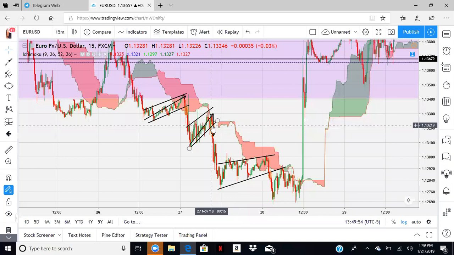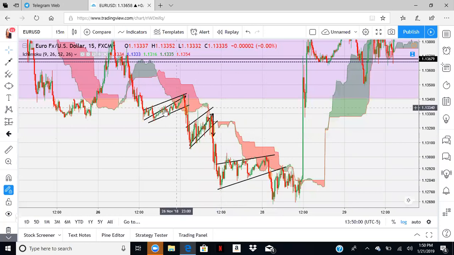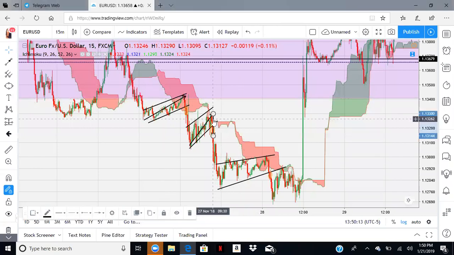But if you knew the structure of it, you would have still been able to catch this whole move down. But if you're just solely going off of the indicator, you want the candles to go into the cloud completely and exit and close outside of the cloud. I hope that makes sense. Okay. It does. Thank you.